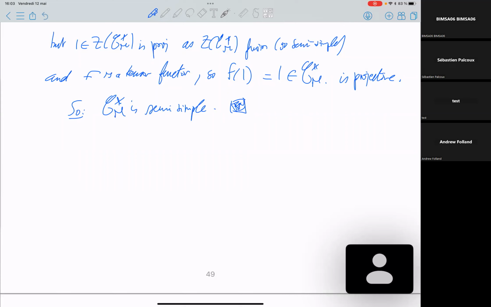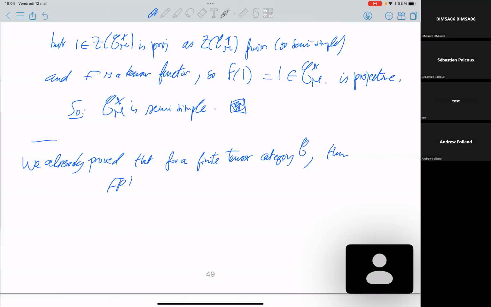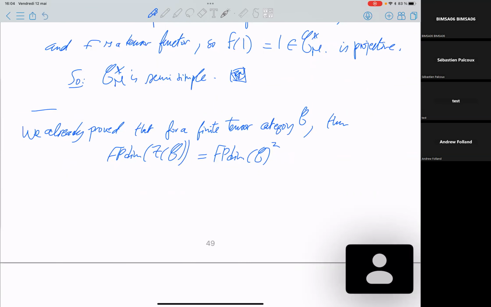We already proved a result about the Frobenius-Perron dimension of the center: for a finite tensor category C, the Frobenius-Perron dimension of the center of C is equal to the square of the Frobenius-Perron dimension of C, which was stated in theorem 7.16.6 in the book.